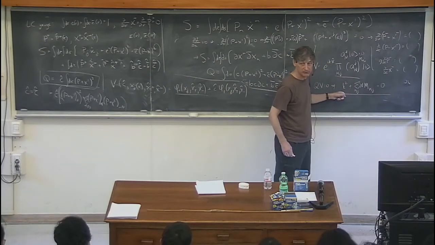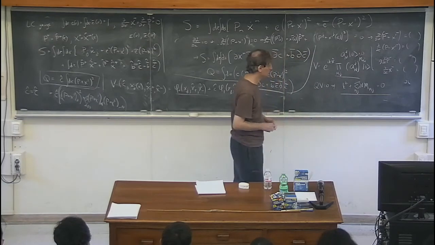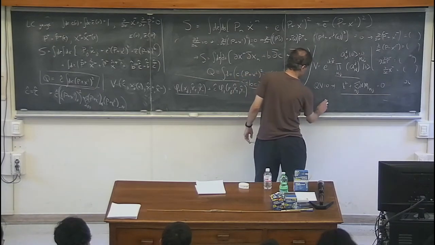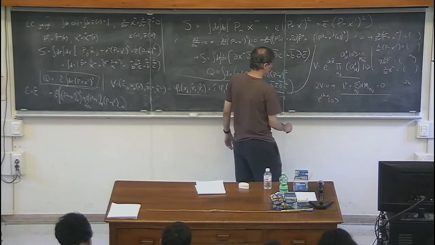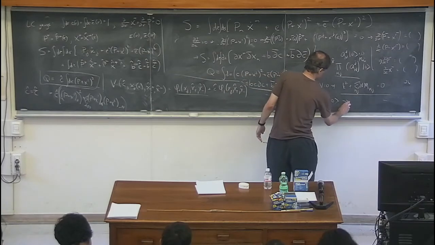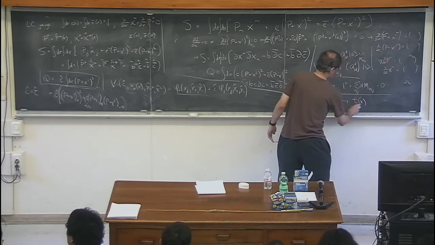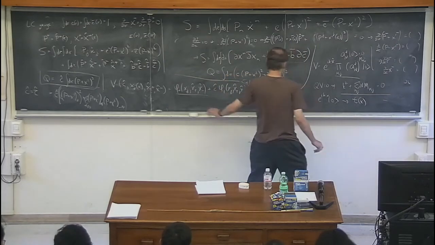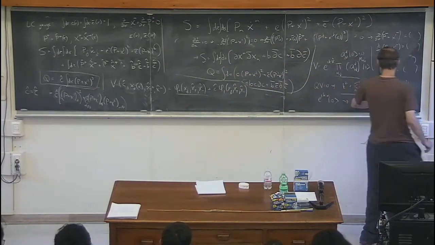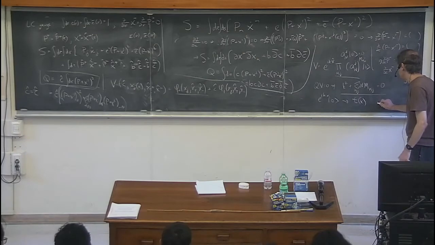For example, the tachyon state is just the ground state e to the ik dot x. And the gluon would just be the state a1 j e to the ik dot x.